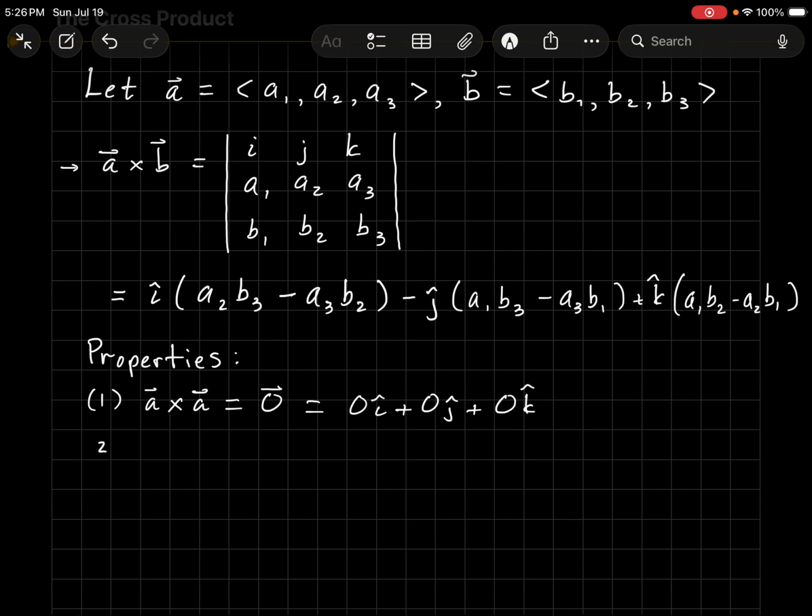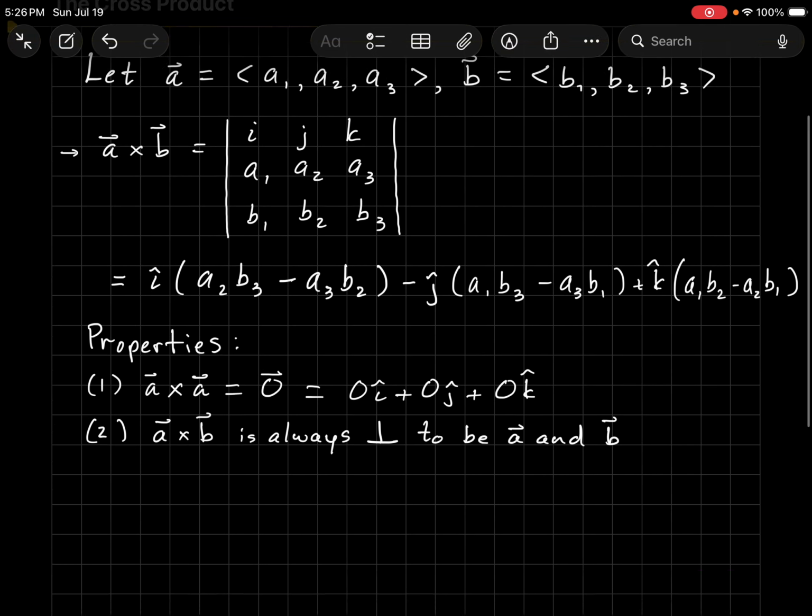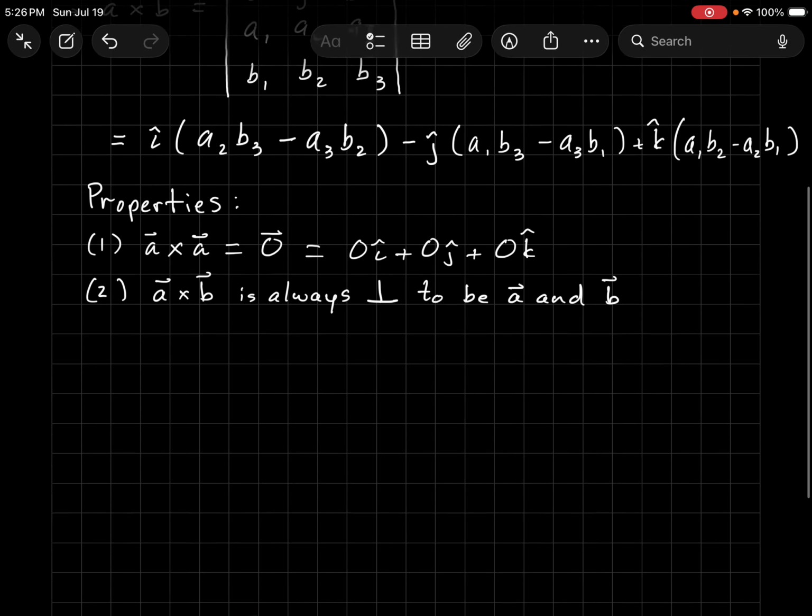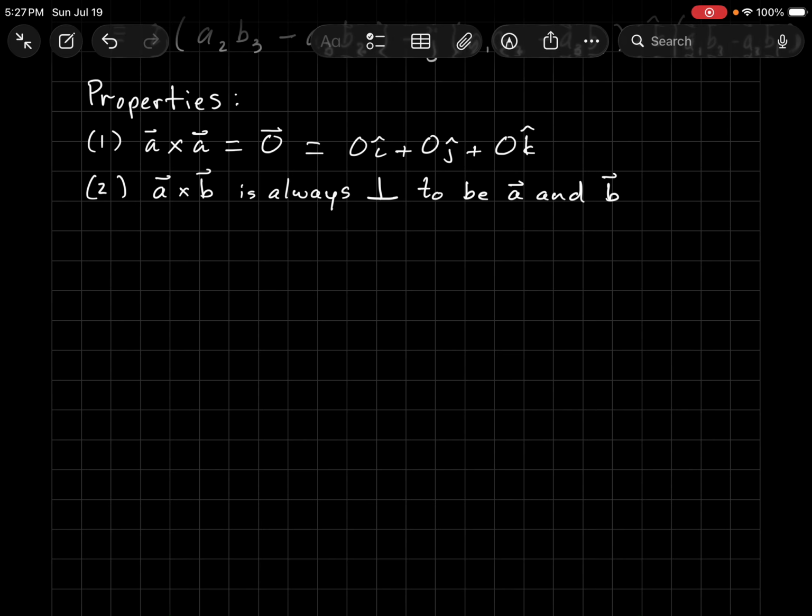Property number 2. A cross B is always perpendicular, and I'll use that symbol for perpendicular, to both vector A and vector B. Some other properties that may be important when you're going forward.